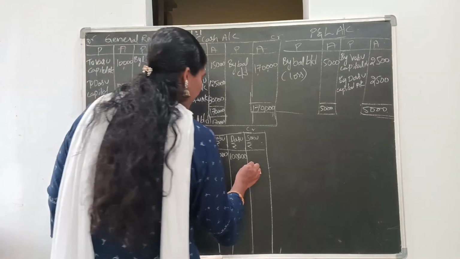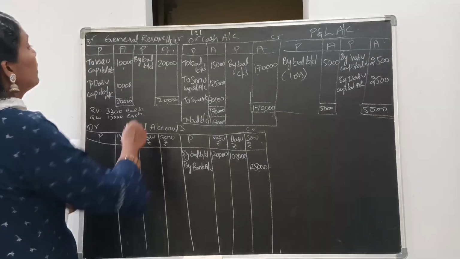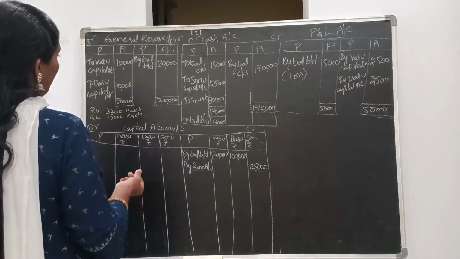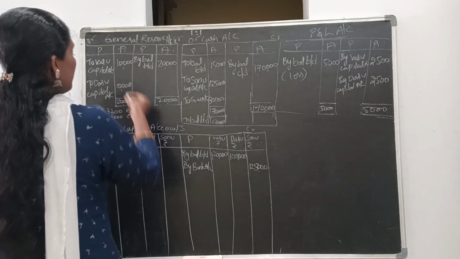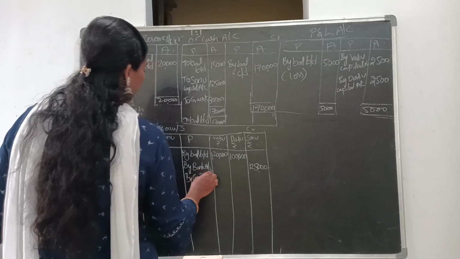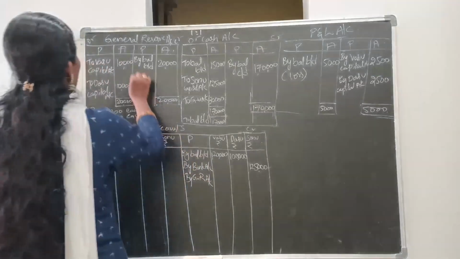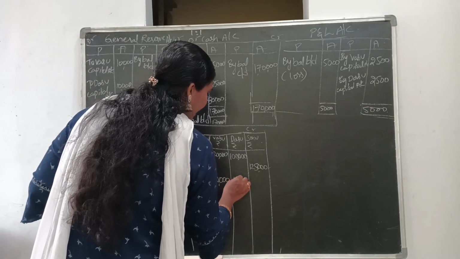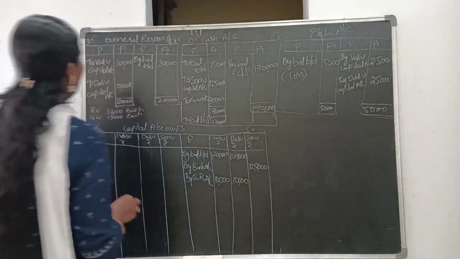Sonu 1,25,000. Then general reserve, profit and loss, goodwill, revaluation will be posted. So general reserve is by general reserve account 10,000 and 10,000 respectively.